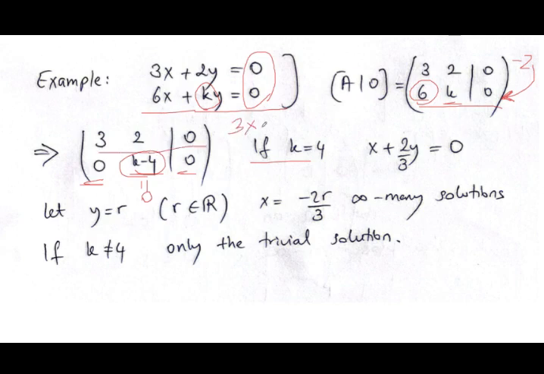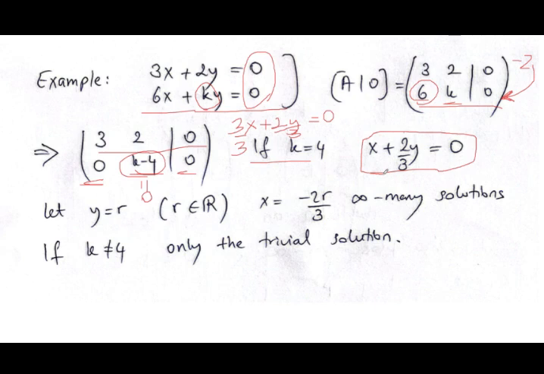From the first row, we have 3x plus 2y equals 0. But you can divide everything by 3, if you want to write this in this form. That corresponds to our first row in this augmented matrix.